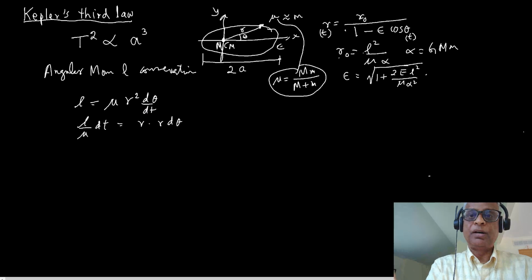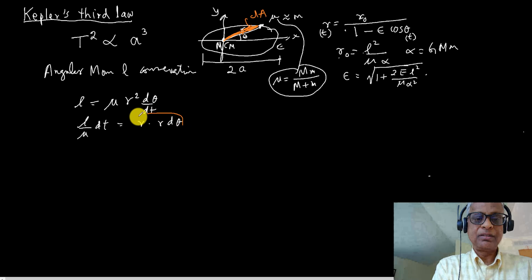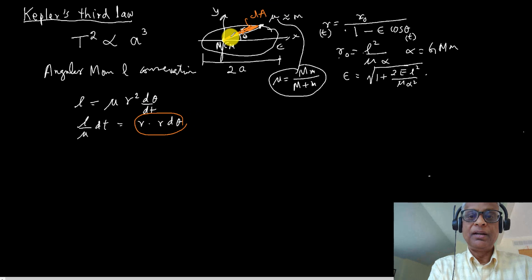If you look at this d theta, this is the area swept out. If this is d theta, then this is the dA. This is r, and this side is r d theta.